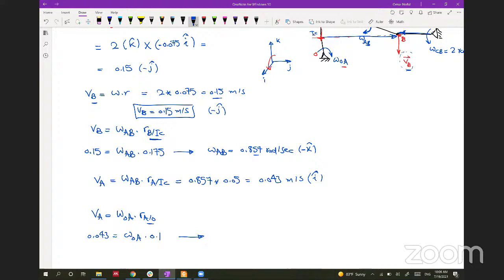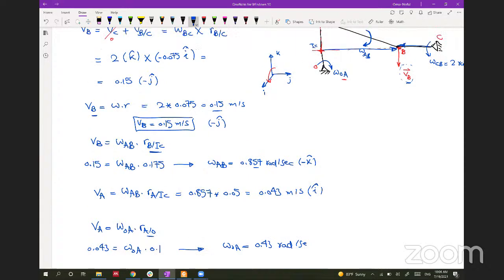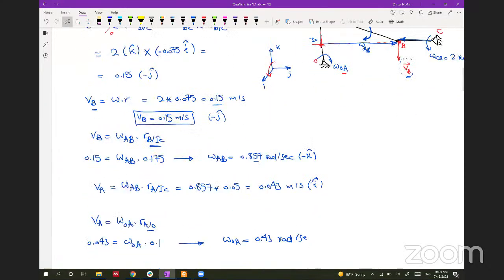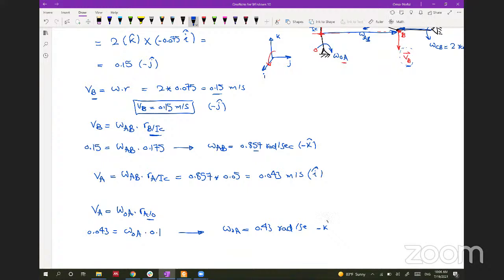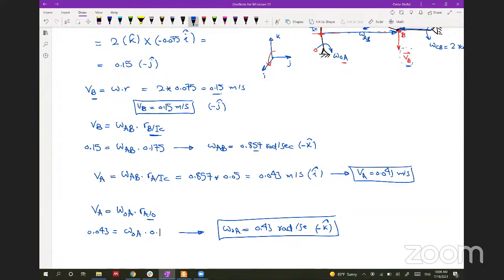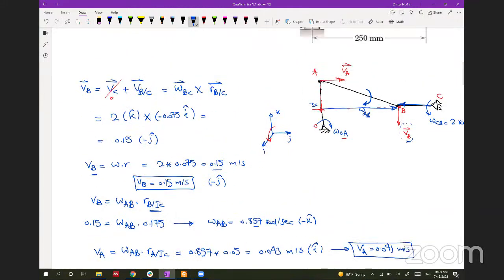And this should give us that the omega OA is equal to 0.43 radian per second. If we use our right-hand rule, it will be in the negative k hat direction. So we have VA here equal to 0.043 meter per second. And let's box it. So this is how we get it.